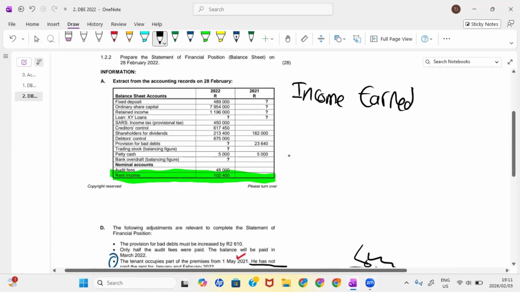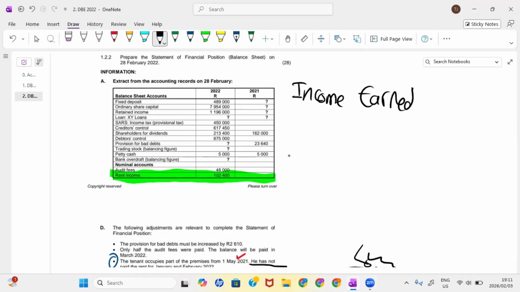We have earned the income because the tenants have occupied our space for the year. However, they haven't paid us for 2 months. So it is income that has been earned, however, not yet received. That's the important part.